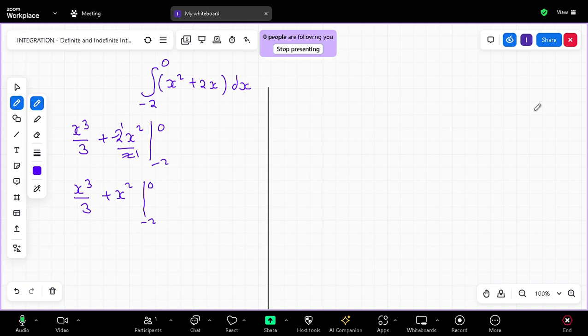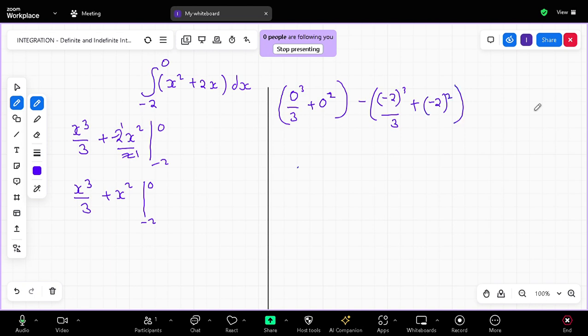Now the upper limit is 0, the lower limit is negative 2. So we substitute x with 0. It is going to be 0 cubed over 3 plus 0 squared, that is the upper limit, minus the lower limit, negative 2 in bracket cubed over 3 plus negative 2 in bracket squared.